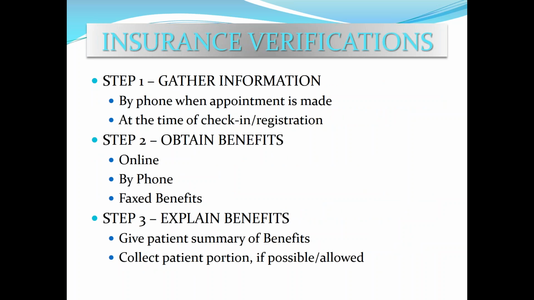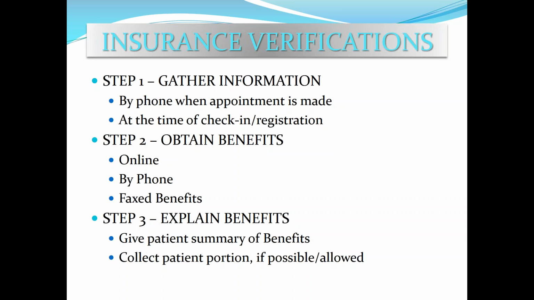So we have the parameters under which you need to do your insurance verifications, and in order to conduct accurate verifications, the first step is going to be to gather up the information on that patient to allow you to check on their benefits.